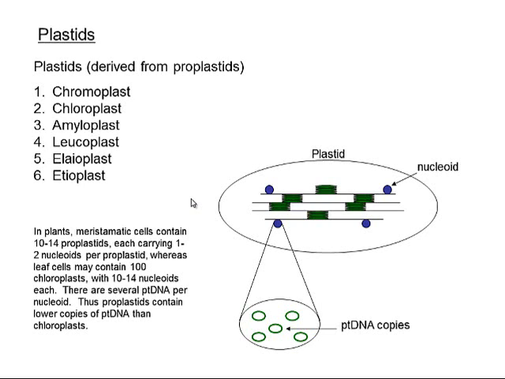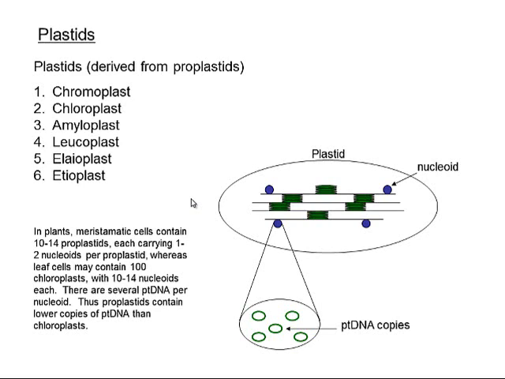So each leaf cell may contain 100 chloroplasts, and each chloroplast may have 10 to 14 nucleoids. Nucleoids are where the plastid DNA is actually attached to chloroplast membranes. So there are several copies of plastid DNA per nucleoid.